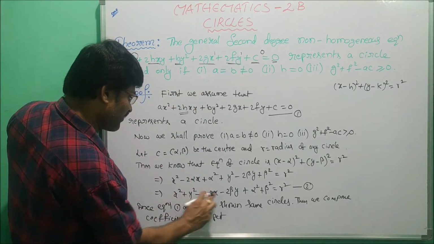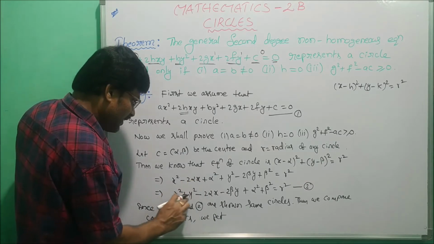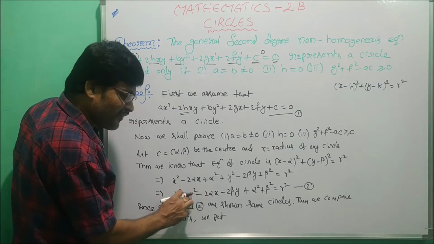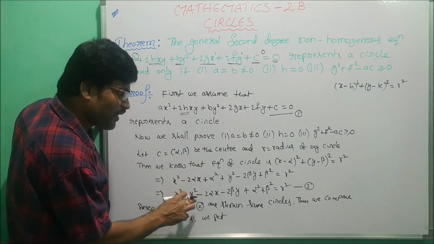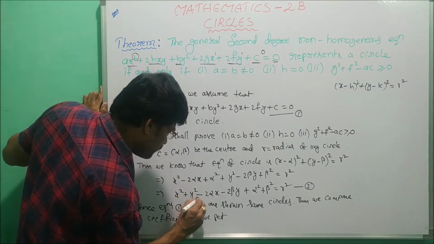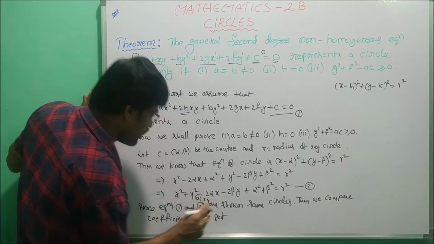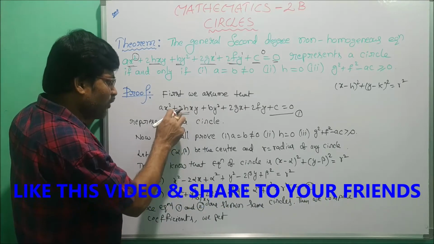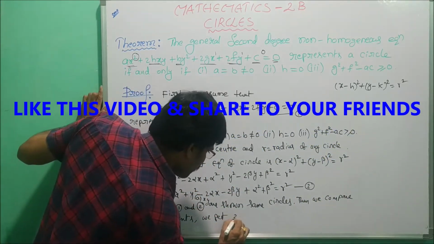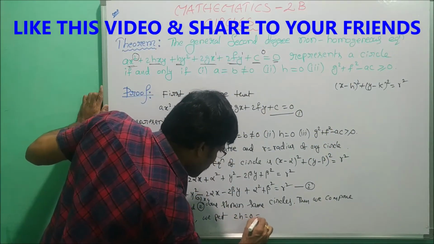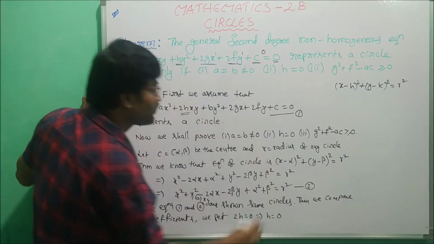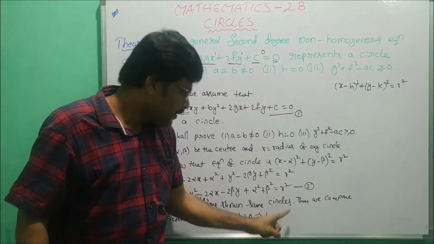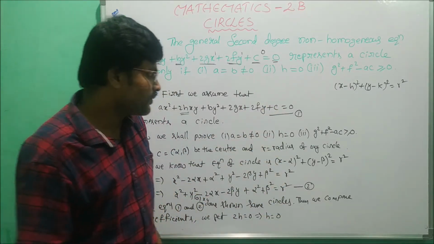In equation 2 there is no xy term, therefore let us assume that the coefficient of xy is 0, that is 0 times xy. Now comparing the coefficients of xy, in equation 1 the coefficient of xy is 2h, and in equation 2 it is 0. Therefore we get 2h equals to 0, which implies h equals to 0. Now the second condition is proved, h equals 0.